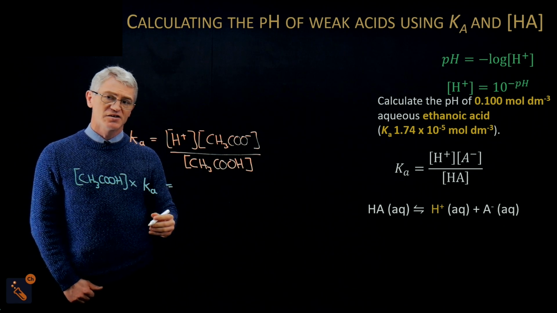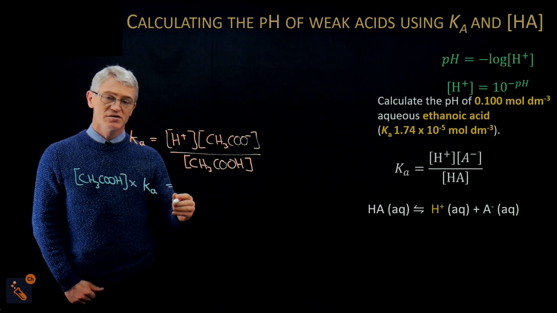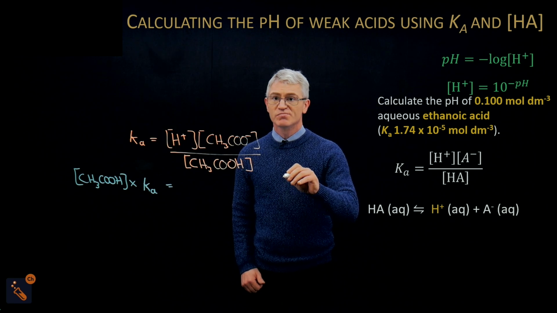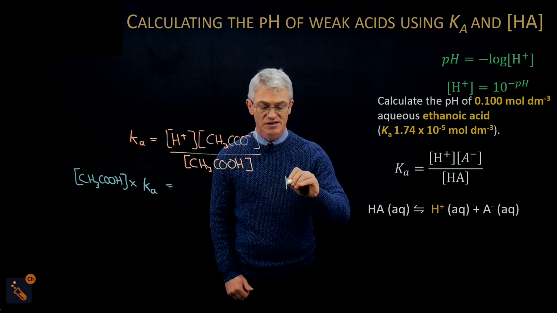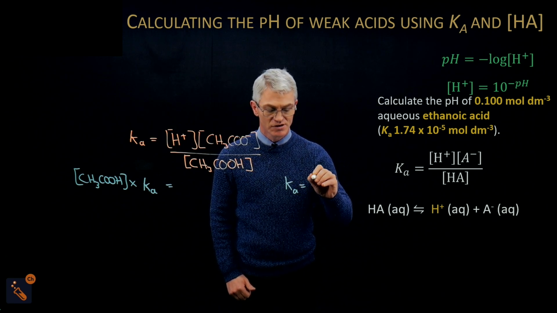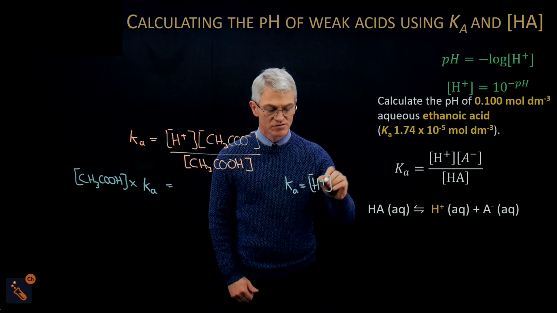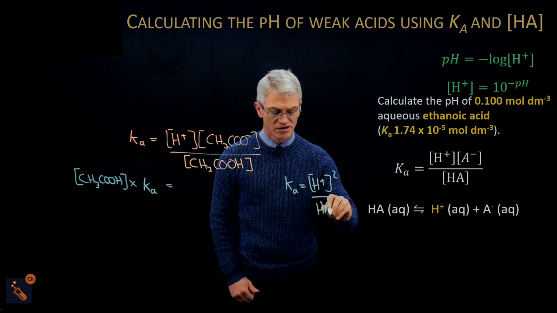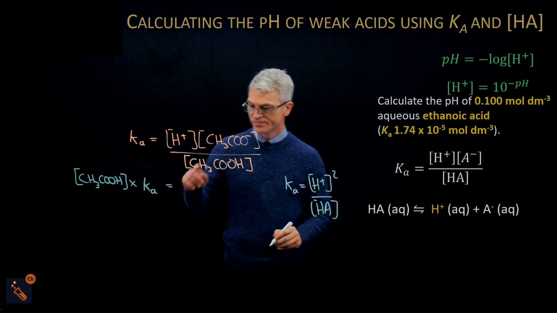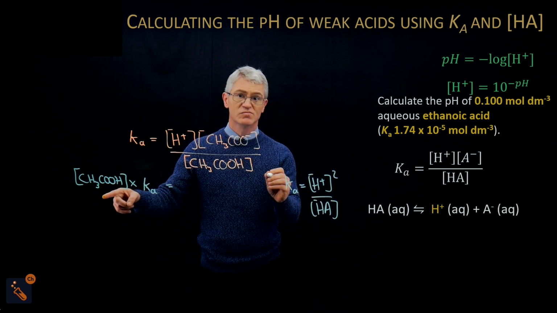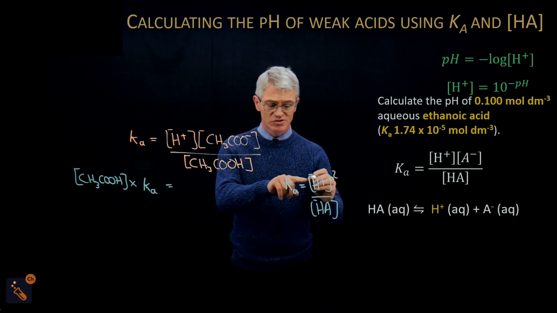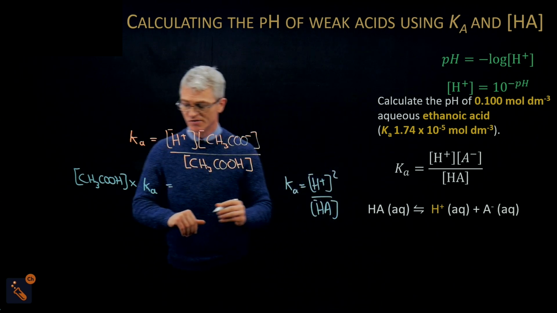Remember, because of your assumptions, you're saying Ka equals H plus squared over HA, and HA is this. So we've brought that back up, and then to get rid of the square, we've just got a square root.